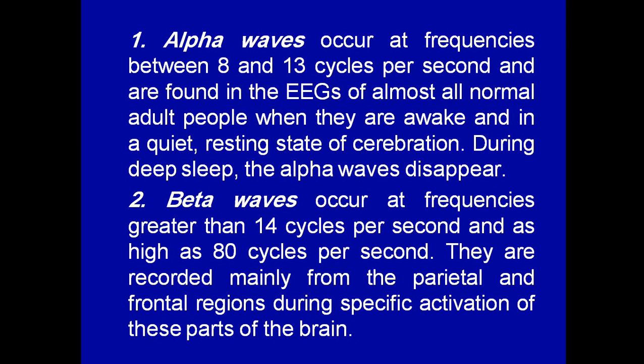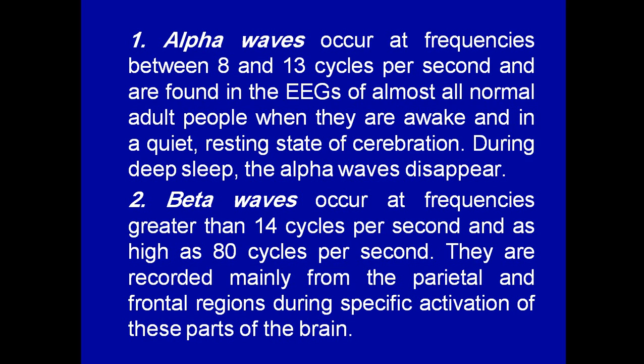During deep sleep, the alpha wave disappears and is replaced by theta, or even sometimes delta waves, as we will come to later on. It's mainly recorded from the occipital lobe, so it is called the posterior dominant rhythm in EEG.